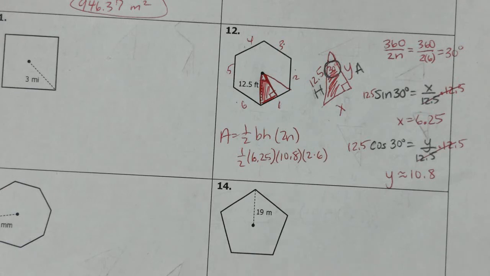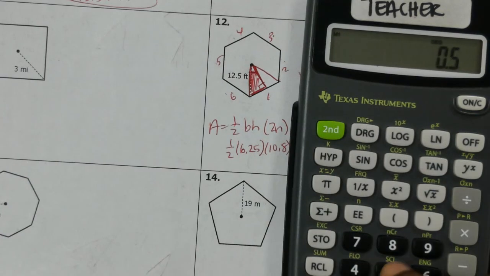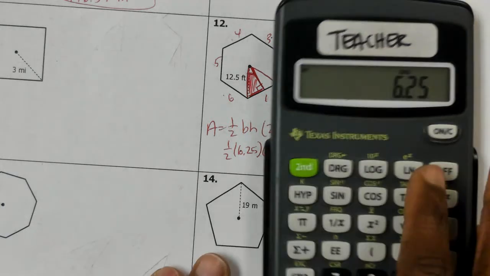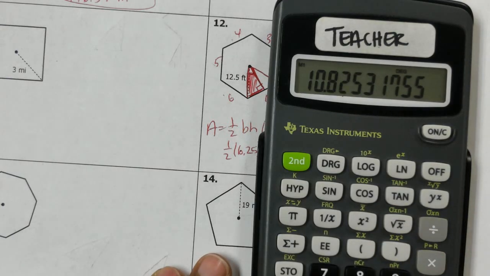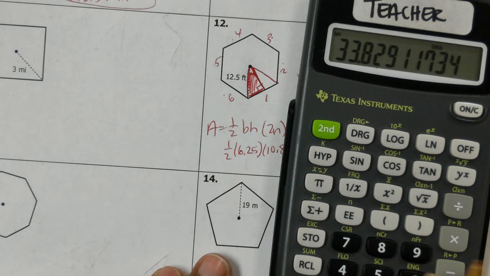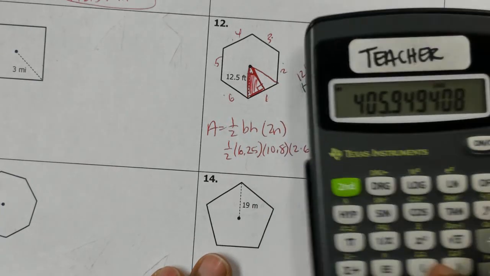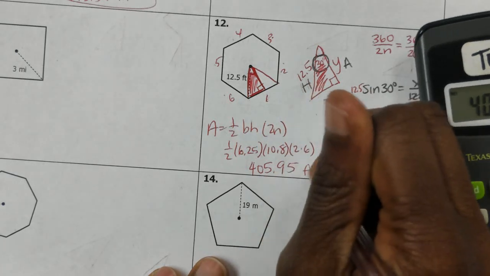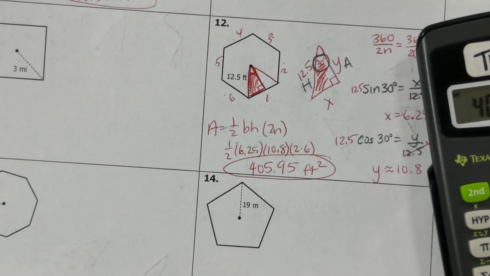Okay. So it's going to be 0.5 times 6.25 times, recall what's in spot 1, times 12. So it would be 405.95 square feet.